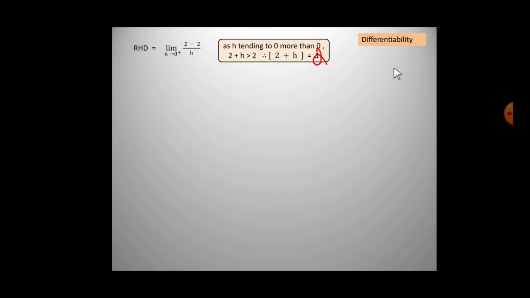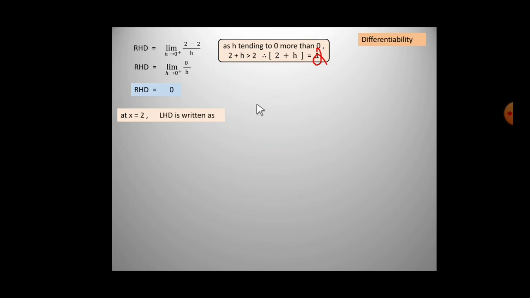The greatest integer of that is always 2. This is a correction, it is 2, it is not 1, it is 2. Next, limit as h tends to 0, 2 minus 2 in the numerator becomes 0. So the right hand derivative becomes 0.